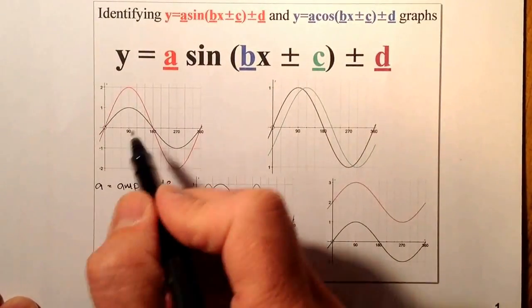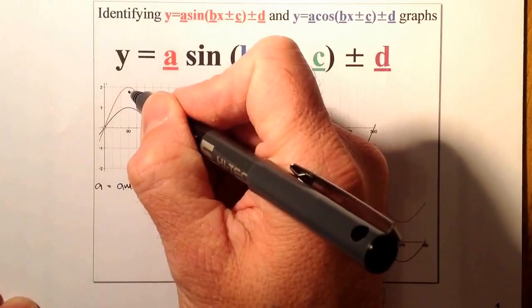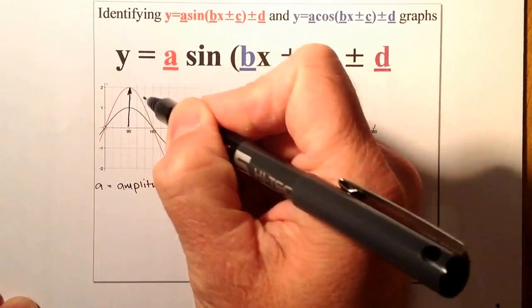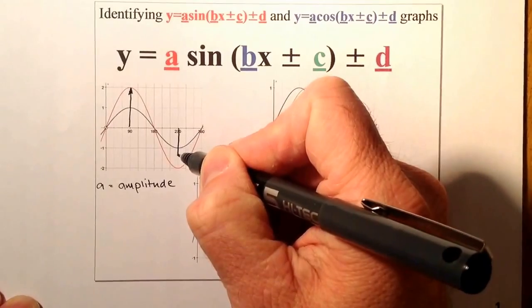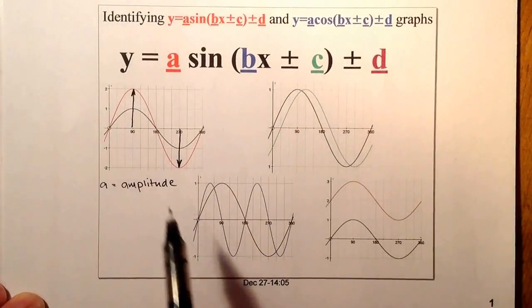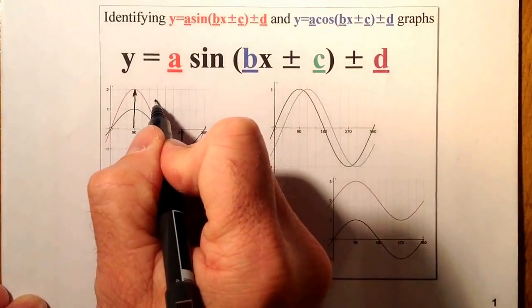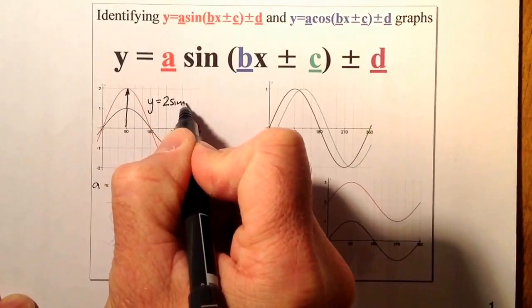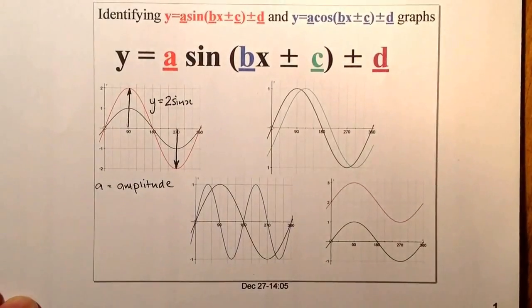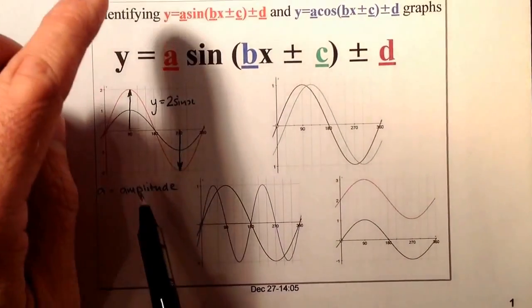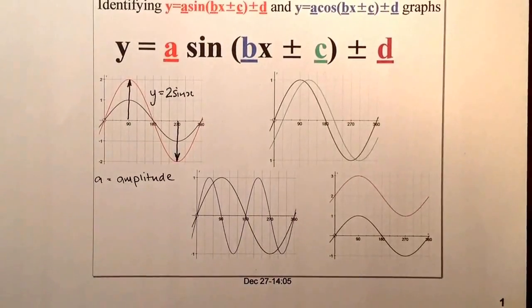What I can see is that I've multiplied the 1 by 2 to get the graph going up to there, and if I check here as well, that's gone down to there as well. So the graph that I have here is y equals 2 sin x. I've multiplied it by 2, so I'm just stretching it up the way and down the way. Just stretching the graph.